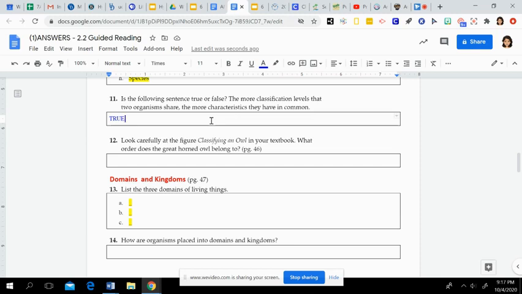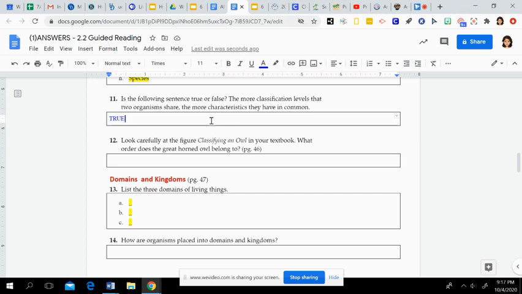We will also look at this and compare different domains and kingdoms as well later this week. But for now, just understand as you work down through those classification levels, you identify more similar organisms.